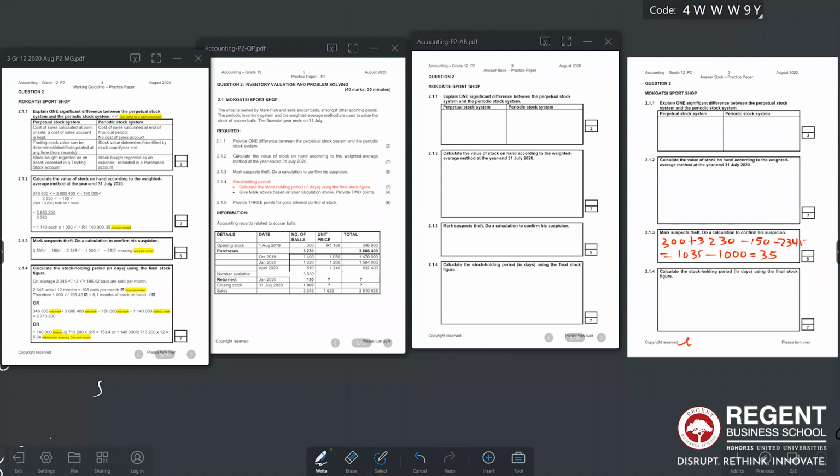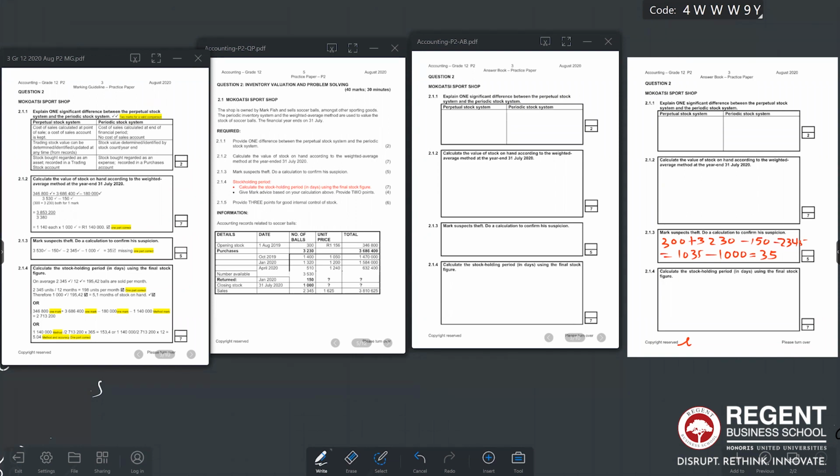We did work out the value of the closing stock for the 1,000, calculated according to the weighted average in 2.1.2. We worked it out to be 1,140,000. That is the value of the closing stock. So I need my 1,140,000 divided by cost of sales.